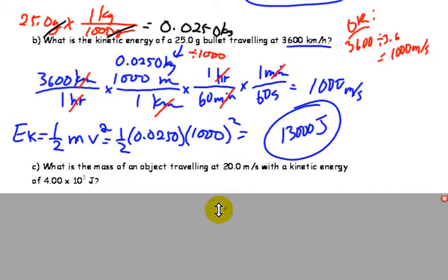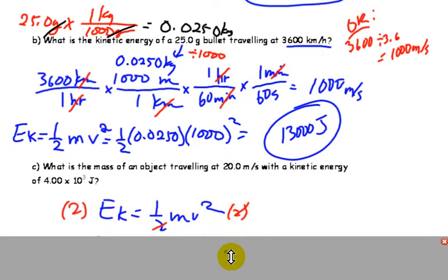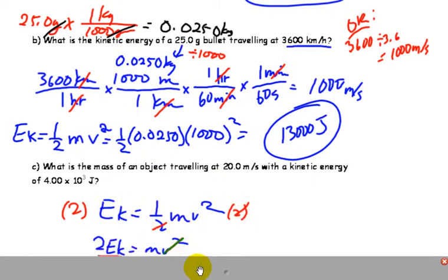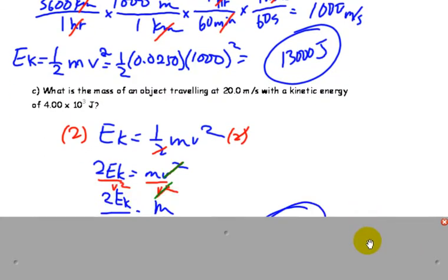What is the mass of an object traveling at 20 meters per second with a kinetic energy of 4,000 joules? So we're manipulating this equation to solve for mass. So here first multiply each side by 2. Then we're left with 2 times kinetic energy equals mv squared, divided by v squared to isolate mass.